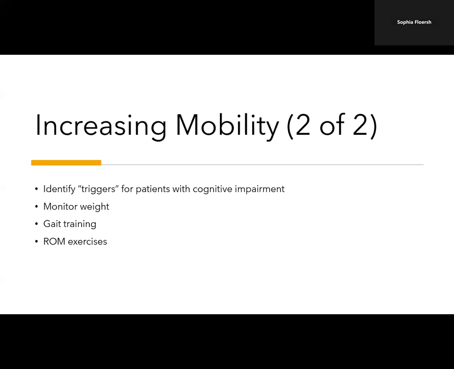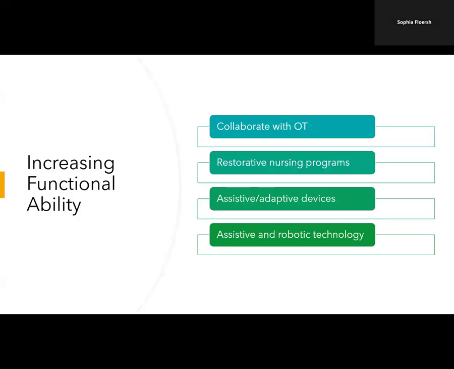Monitoring their weight, watching their gait training and range of motion exercises, all things to try to increase their flexibility and improve their function. Increasing functional ability, collaborating with your occupational therapist. Restorative nursing programs.